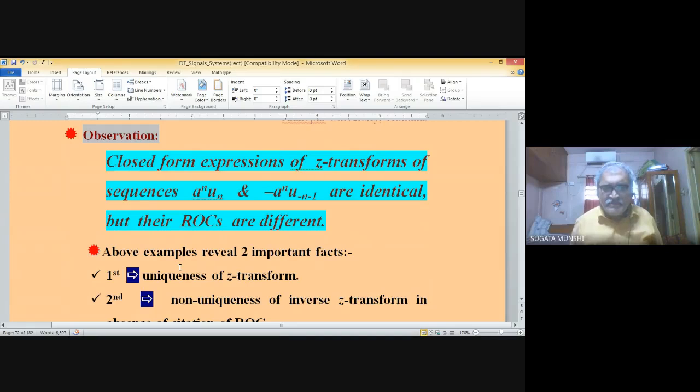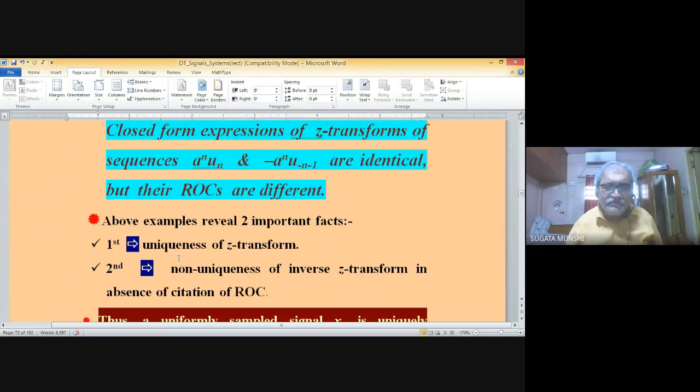Two possibilities are there. So unless you are provided with the information about the region of convergence, there will be non-uniqueness of inverse z transform. If the information of the ROC is also provided, you have complete information about the inverse z transform.